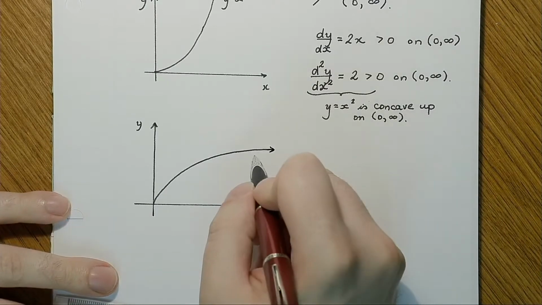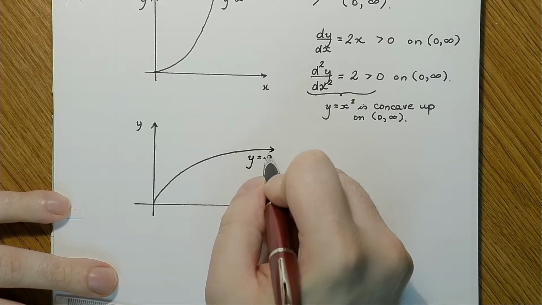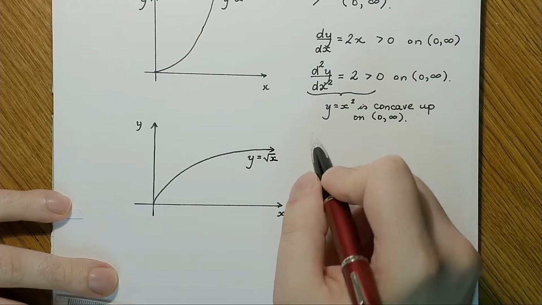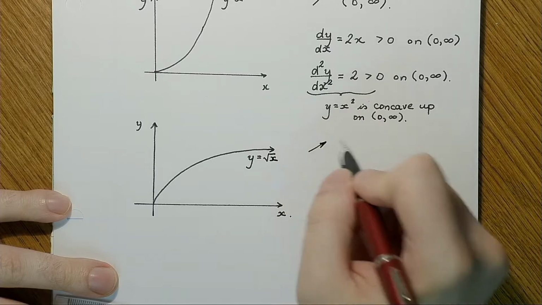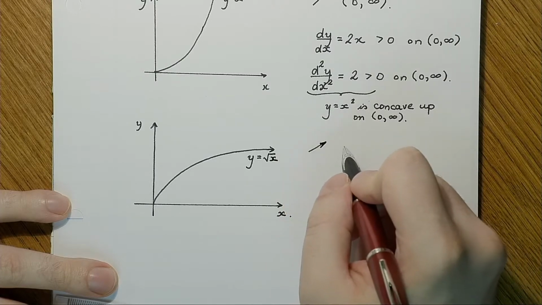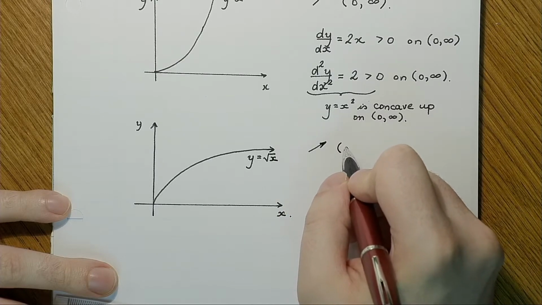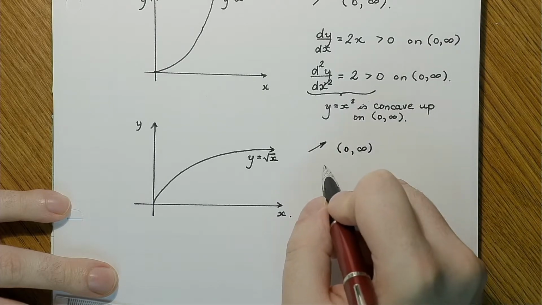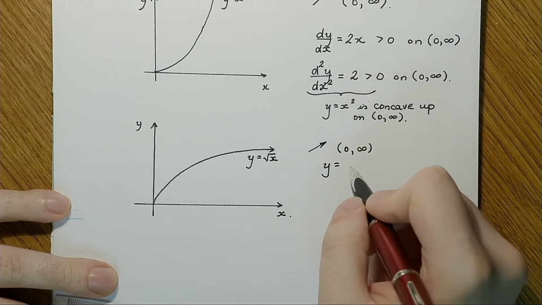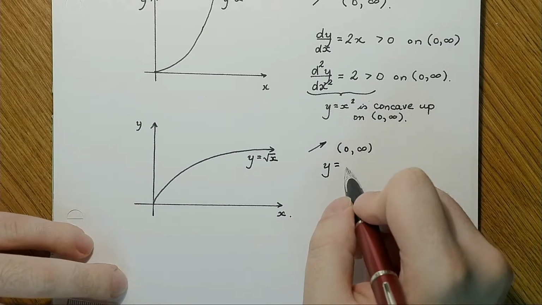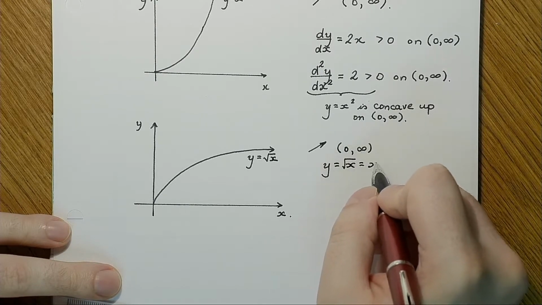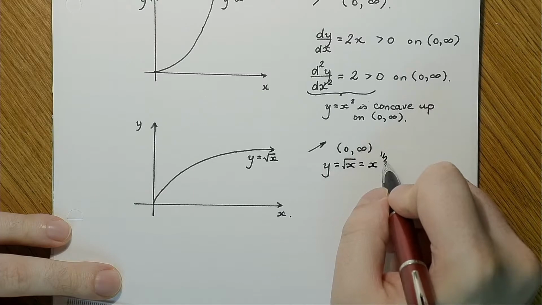And that function is y equals square root of x. Now it's also increasing on 0 to infinity. And if we also check that it's increasing, we have square root of x. We're just going to rewrite this as x to the 1/2.